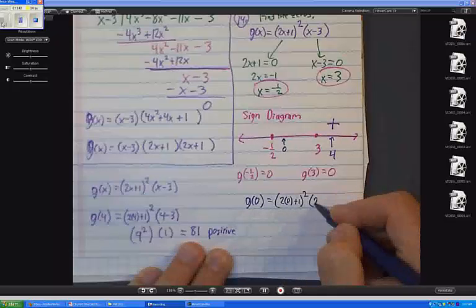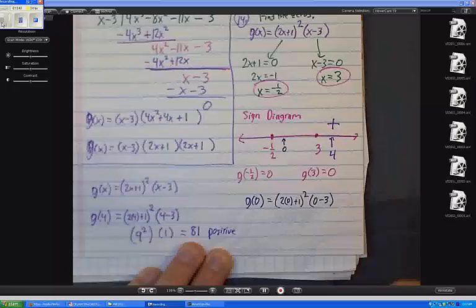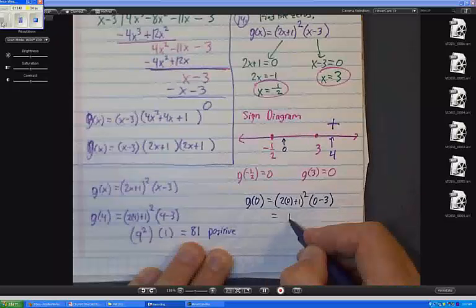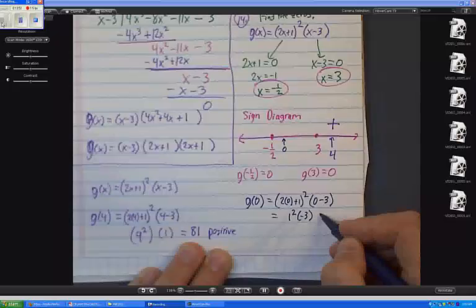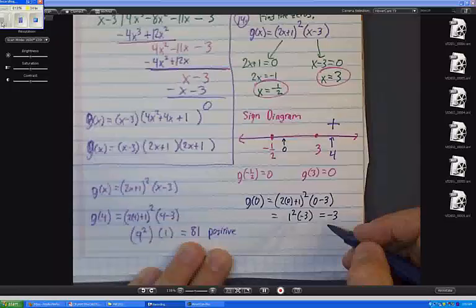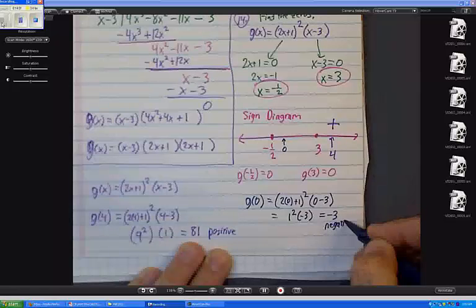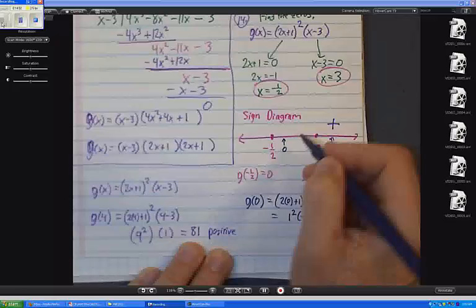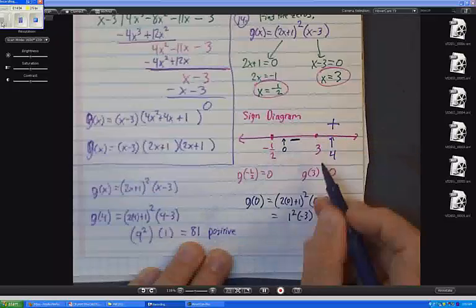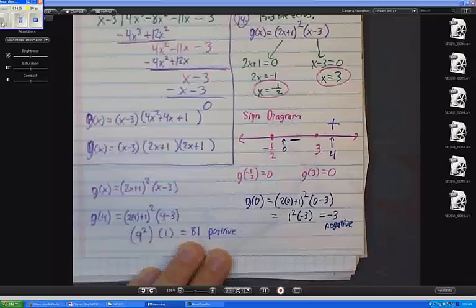So it's going to be 1 squared times negative 3. Yes, I agree. It's negative 3. But what I care about is not that it's negative 3. I care about the fact that it is negative. And so I am negative in between negative 1/2 and 3. I'm positive here. I'm negative here.